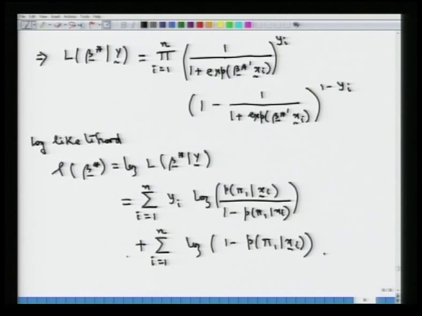Then we can get to the likelihood equations from here, corresponding to the p plus 1 parameters.